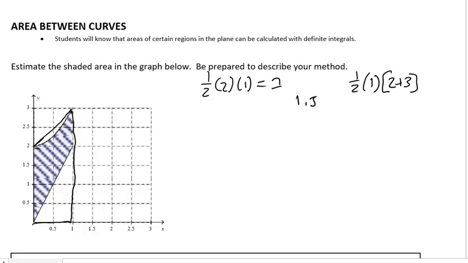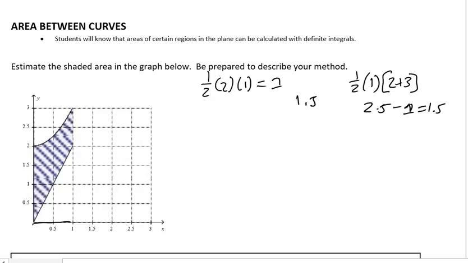And then you have to subtract off that triangle. So this would be 1/2 of 5, which is 2.5, and then subtract off the area of the triangle. You also get 1.5 that way. Both those are acceptable ways of getting an estimate. Now if I'm using the trapezoid method, I might make 2 trapezoids and then subtract off the area of the triangle to be a little more exact.